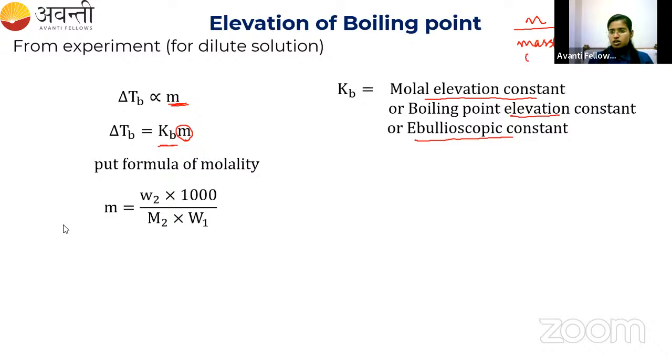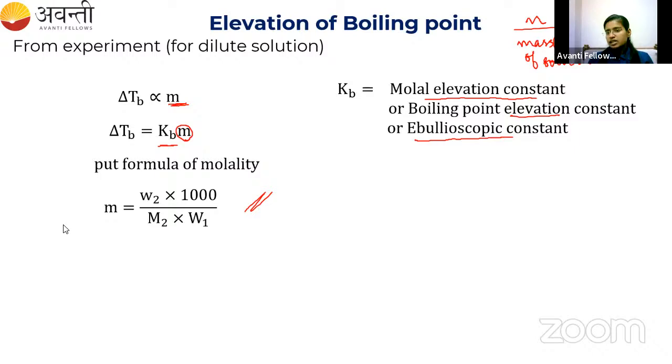The mass of the solute is W2, the molar mass of the solute is M2, and in the denominator I have the mass of the solvent, W1. Now if I convert kilogram to gram, I have to divide by 1000, and that will go to the numerator. So from this only I have got this relation.